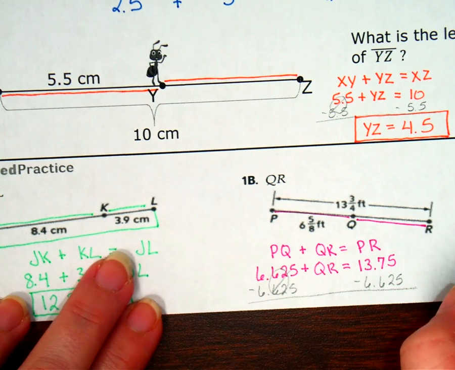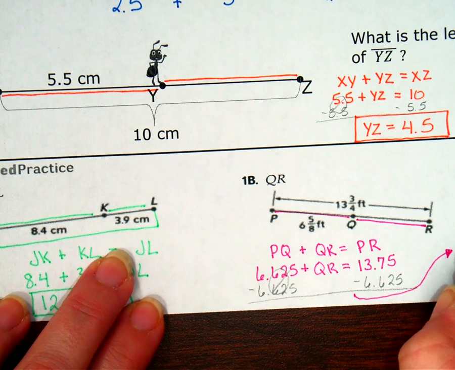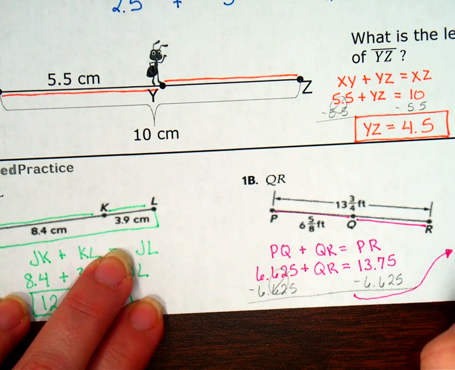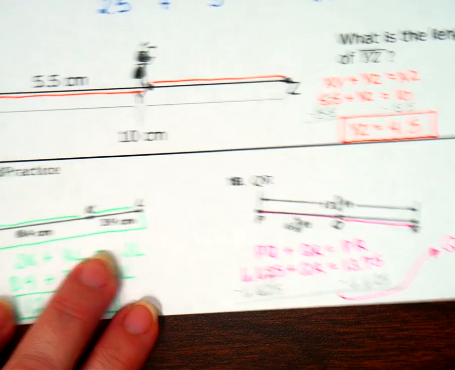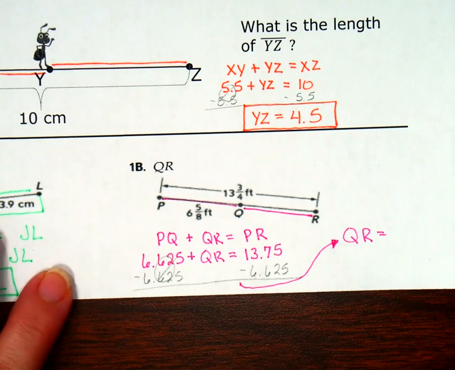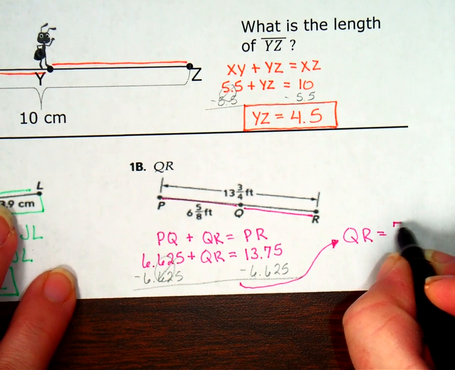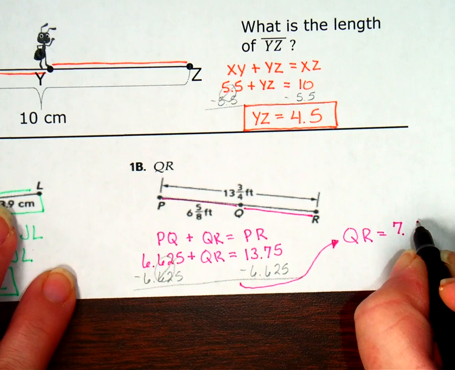I'm going to write it over here because I've run out of room. Equals, on this side, oops, y'all can't see that. On this side, 13.75 minus 6.625 is 7.5. Oh, hold on, let me get that.